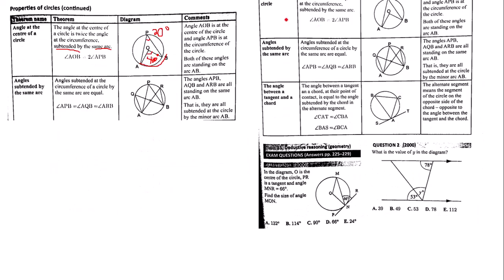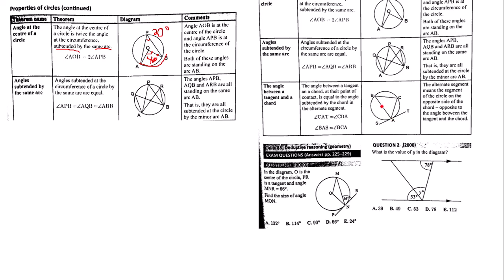Then we have this one, which is the same as that, and this one same as that. Okay, the angle between a tangent and a chord. Tangent and chord. These 3 are all chords: BC, CA, BA.